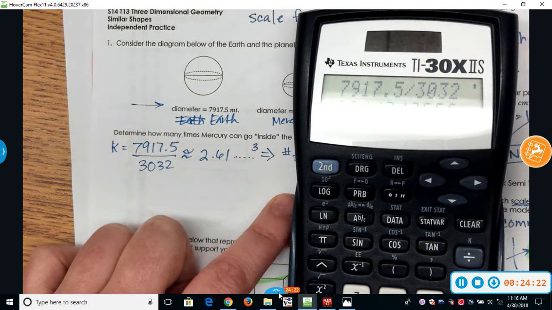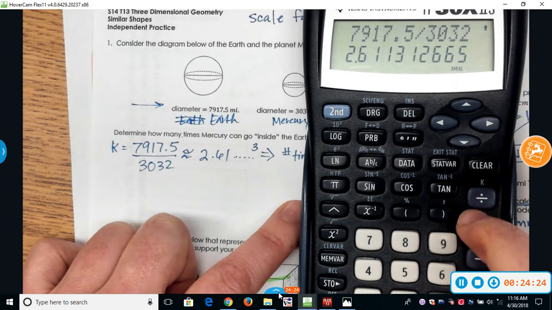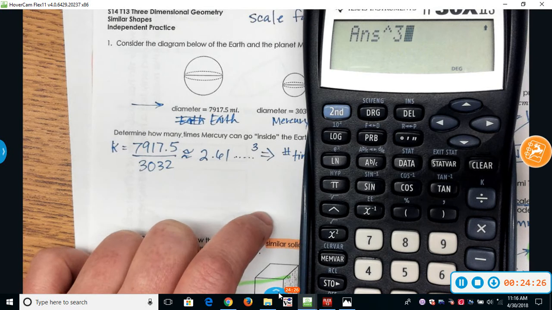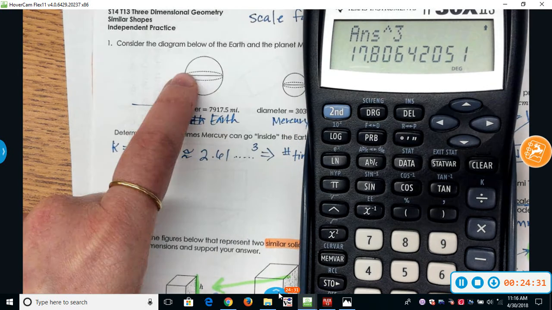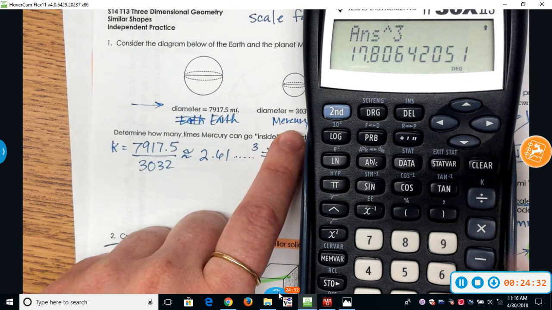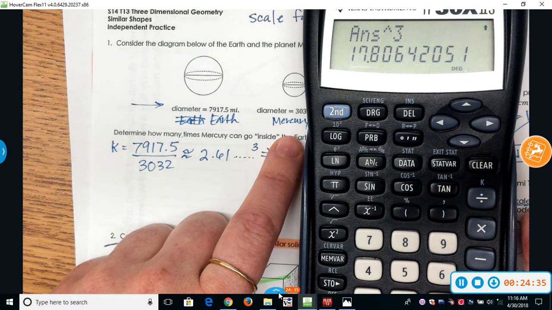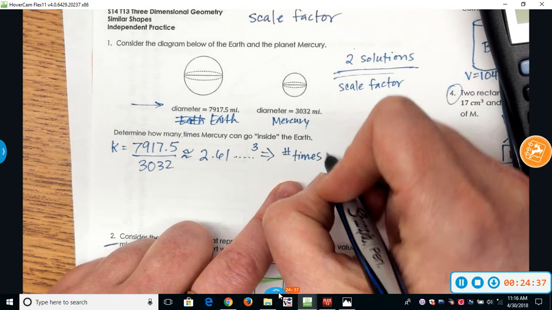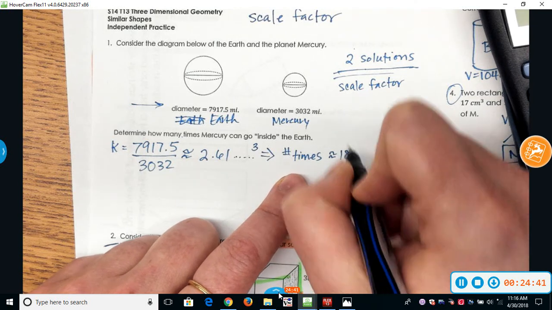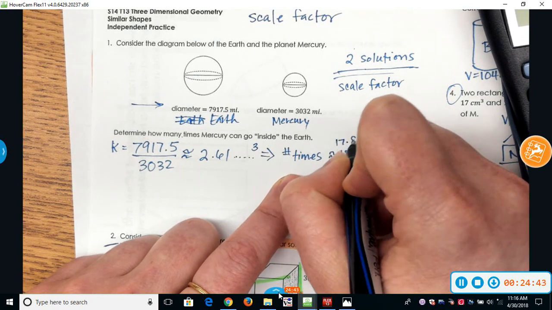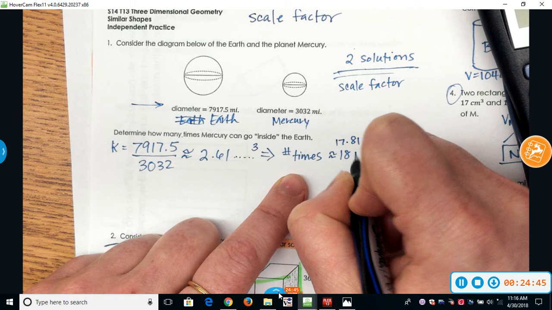So I'm just going to keep that in the calculator and take it to the third, because these spherical shapes are volume. So it tells me that it would fit in about 17.81 or 18 times.